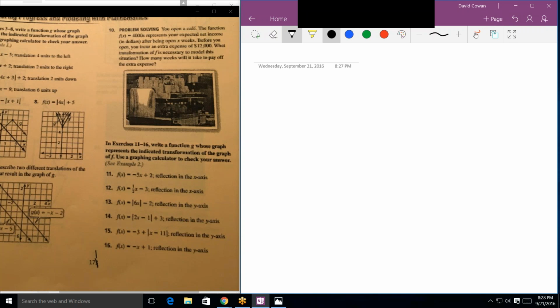So if f of x is equal to minus 5x plus 2, first of all, a reflection over the x-axis is a vertical reflection. So how would I write it in terms of f of x?